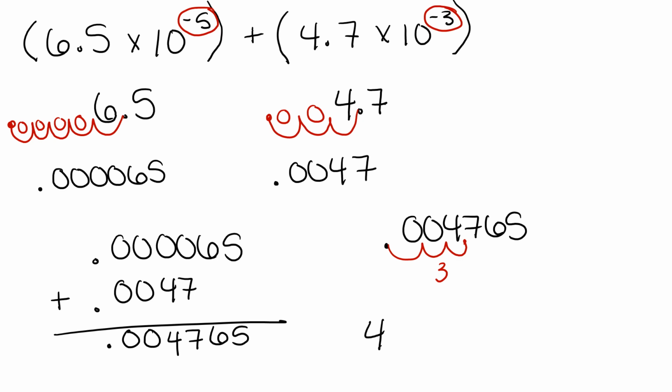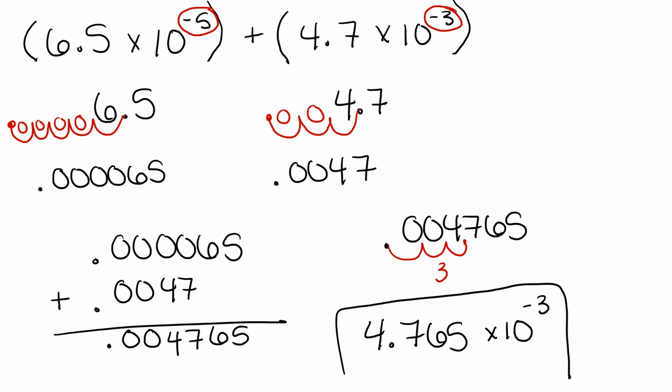When we write our final answer, we write it as 4.765. We do not write the extra zeros. It is always times 10, and it's to the negative 3rd power. It's to the 3rd power because we move the decimal 3 times, and it's to the negative 3rd power because the zeros in front mean it's a small number, and small numbers have negative exponents.